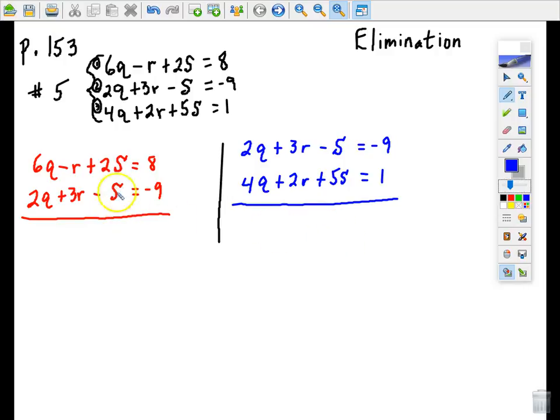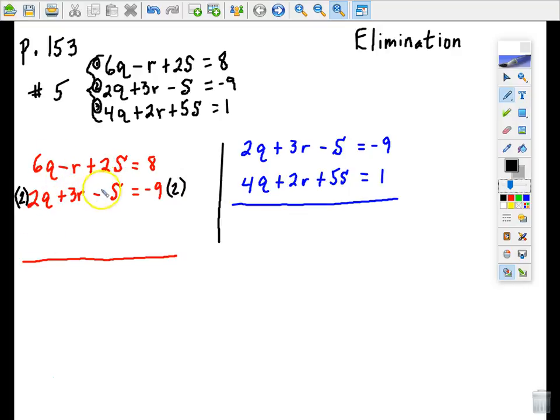So the S doesn't just naturally eliminate, so I'm going to need to multiply the bottom equation by something. Hopefully you can see that that's going to be 2. So the bottom equation multiplied times 2 so that S would eliminate.